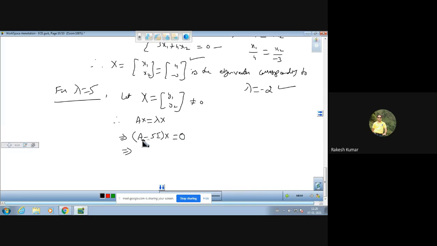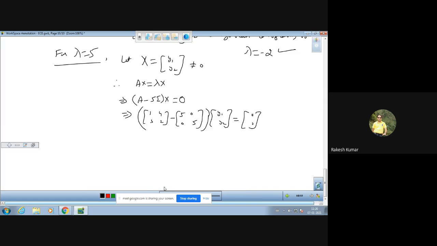The value of A is 1, 4, 3, 2, and this is 5I, 5, 0, 0, 5, and with this we have the vector (y1, y2) equal to (0, 0).